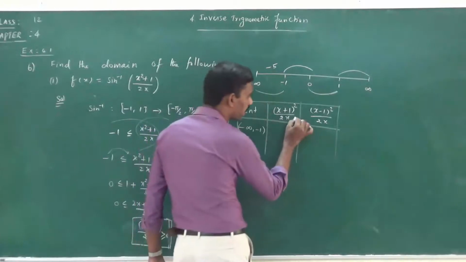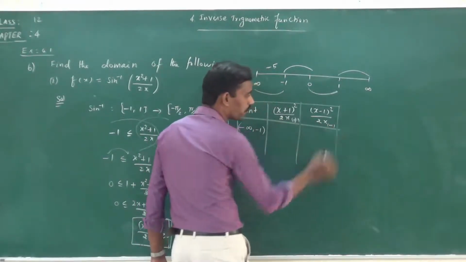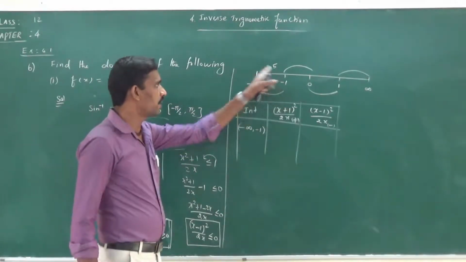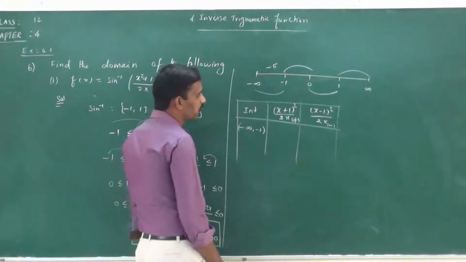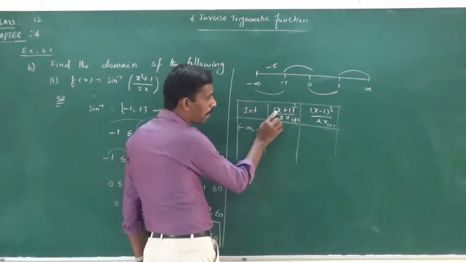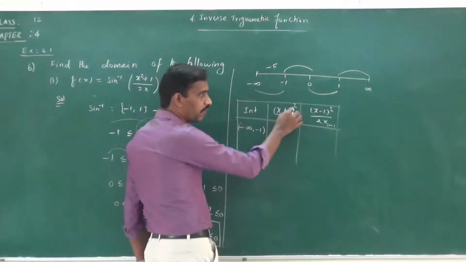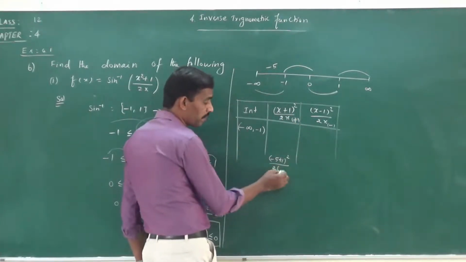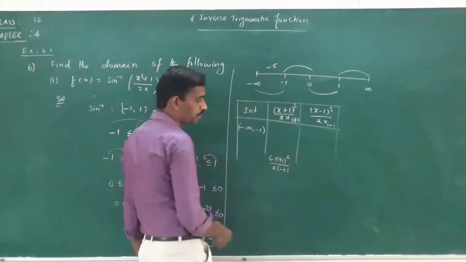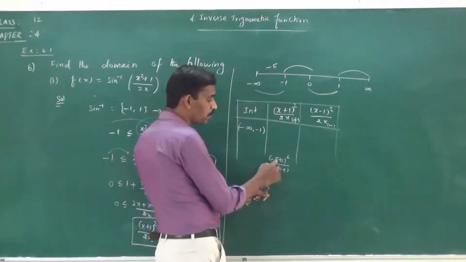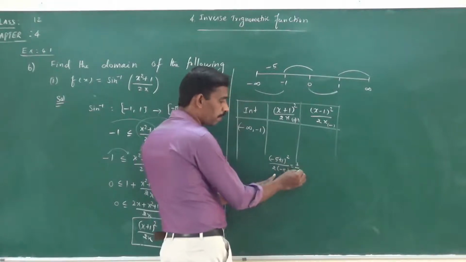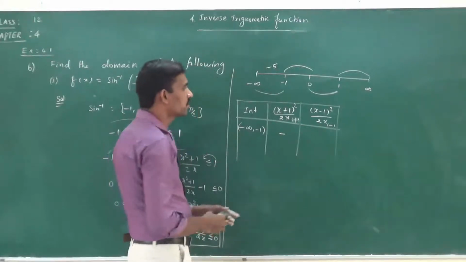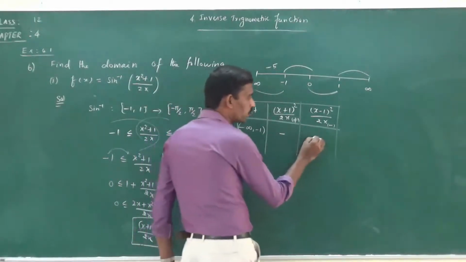That means I simply say whether it is positive or negative. Now substituting minus 5 here: (−5 + 1)² will be positive, divided by 2 into minus 5. So numerator plus, denominator minus, but the overall value is minus. Now check here, here also minus.